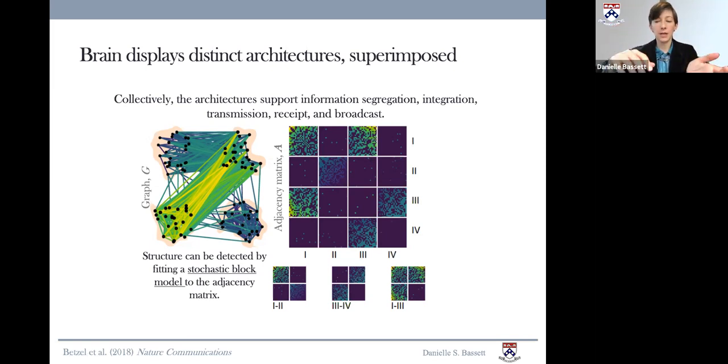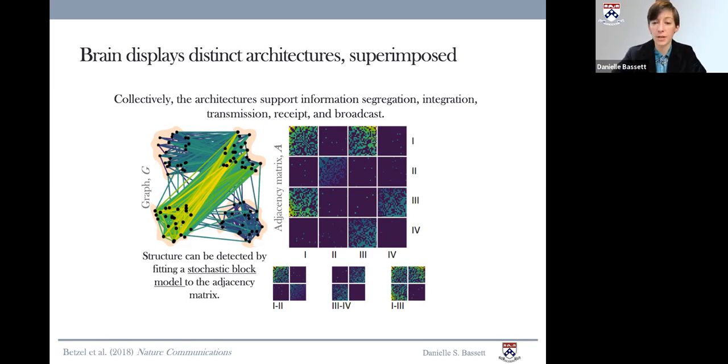I'm not going to get into the math of the stochastic block model, but I'm just going to talk about the intuitions. You can always look it up if you're curious for more information, or seek out other online lectures on the topic. So the stochastic block model is searching for a way of subdividing the adjacency matrix into blocks such that the probability of connectivity inside of a block is relatively homogeneous.